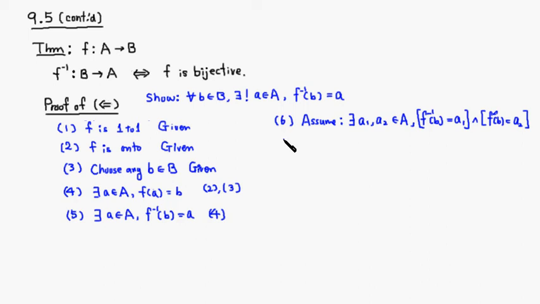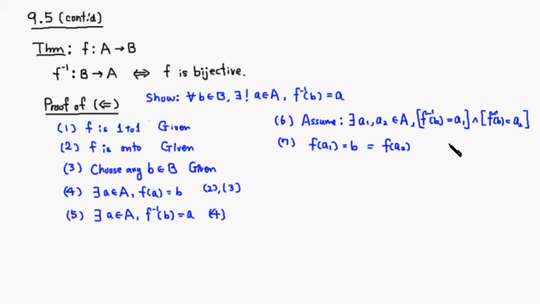Then 7, all right? Then we're going to rewrite it. So it's going to be F of A1 is equal to B, right? And from here, just using the original function, F will take you from A2 to B, right?